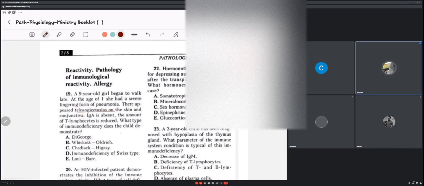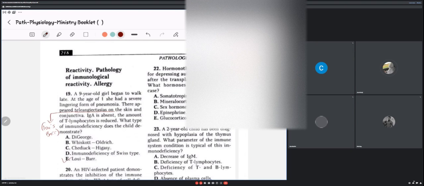Is it Louis-Bar? I wrote telangiectasis. It's also called Louis-Bar syndrome, isn't it? That's what I wrote in brackets up there. So the problem here is Louis-Bar syndrome. Take notes.